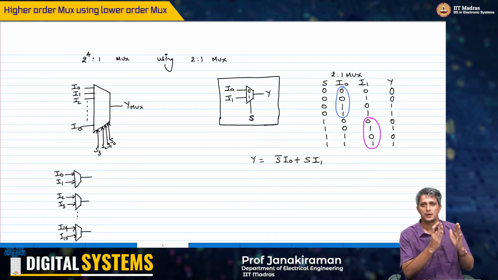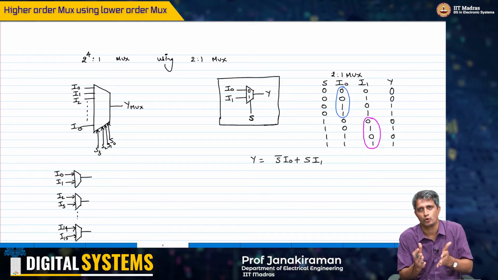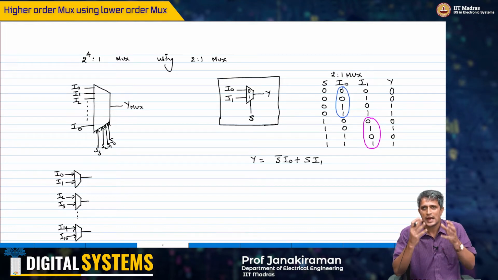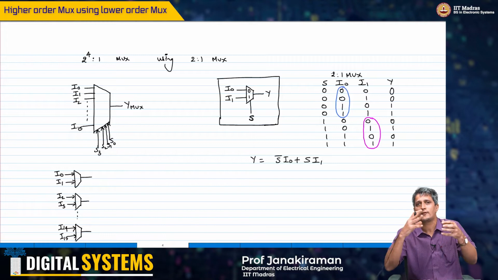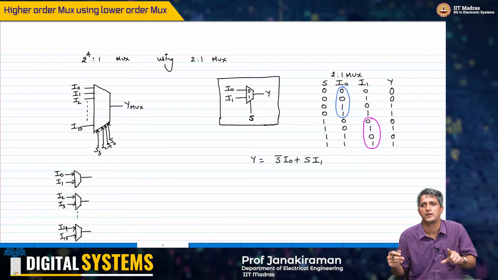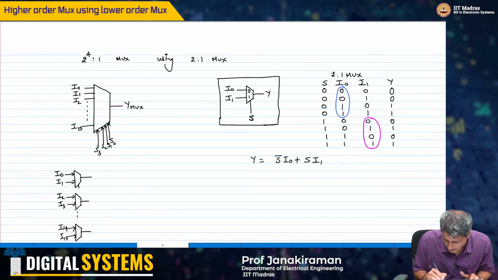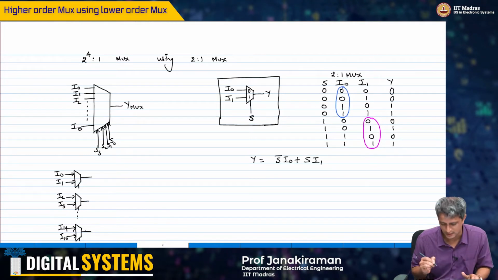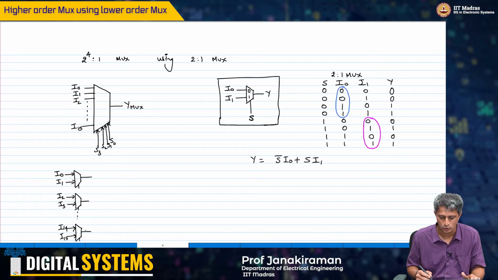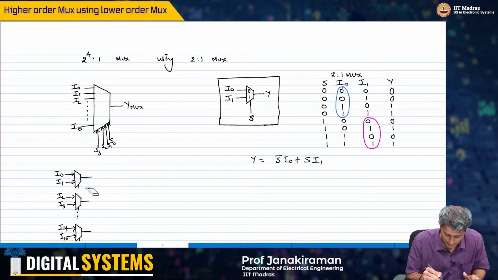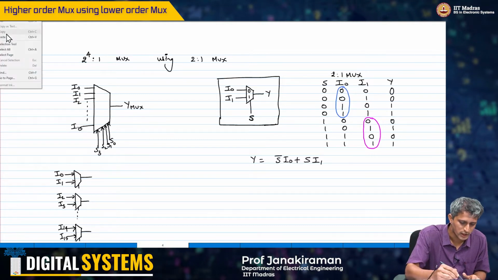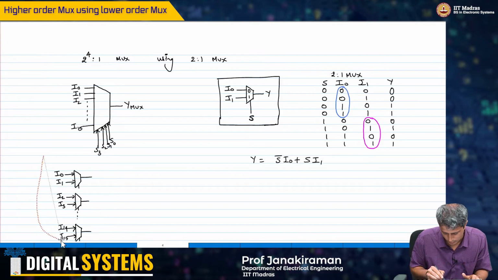Now each 2:1 multiplexer is going to give you one output, and finally we have to select only one of these 16 cases. So what should the select line of these 2:1 multiplexers be? I think that's the first question that we need to answer. Let me just move this a little bit up so that I get some space.